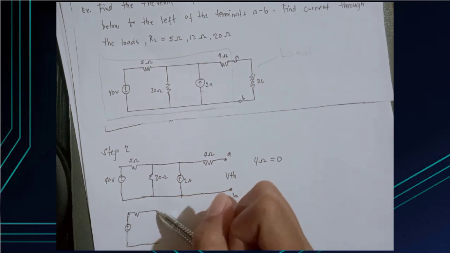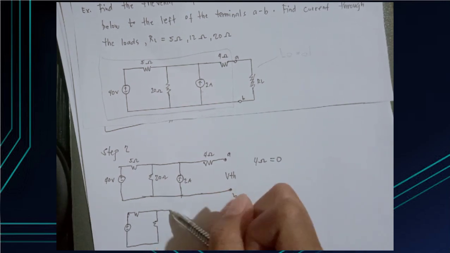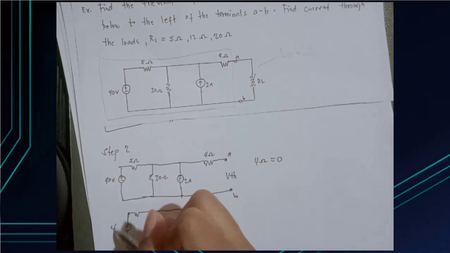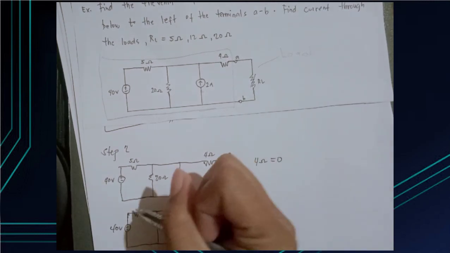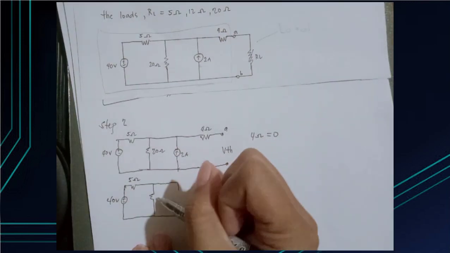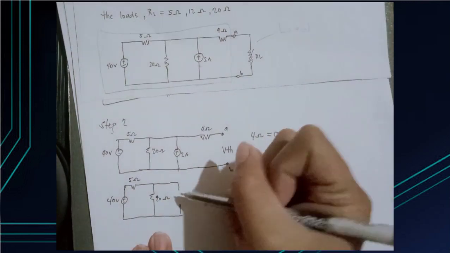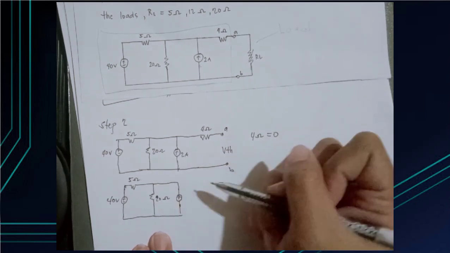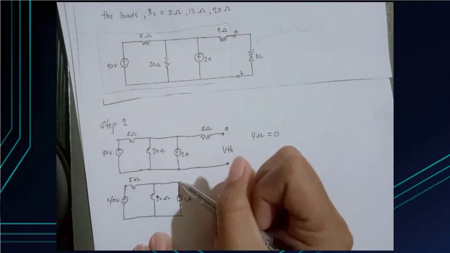Kopyahin yan. Kopyahin ulit. Volts. So, ito yung 5 ohms. Ito yung 20 ohms. Tapos, ito yung 2 ampere.